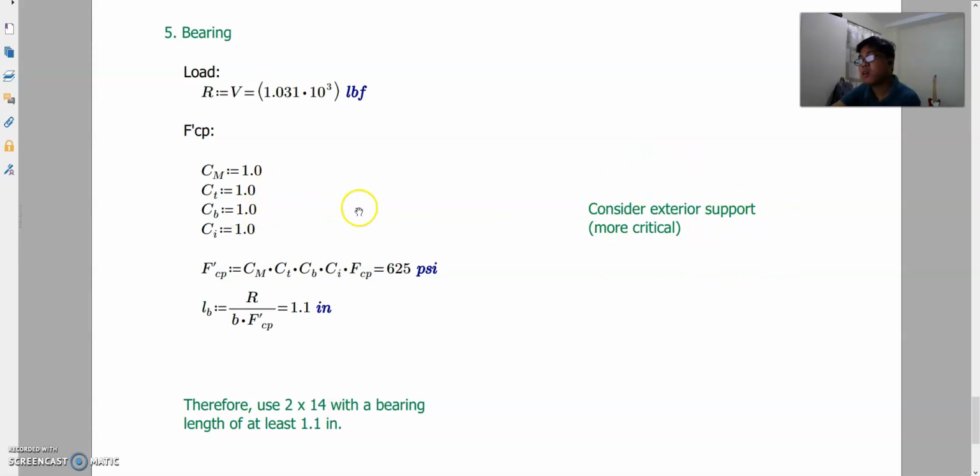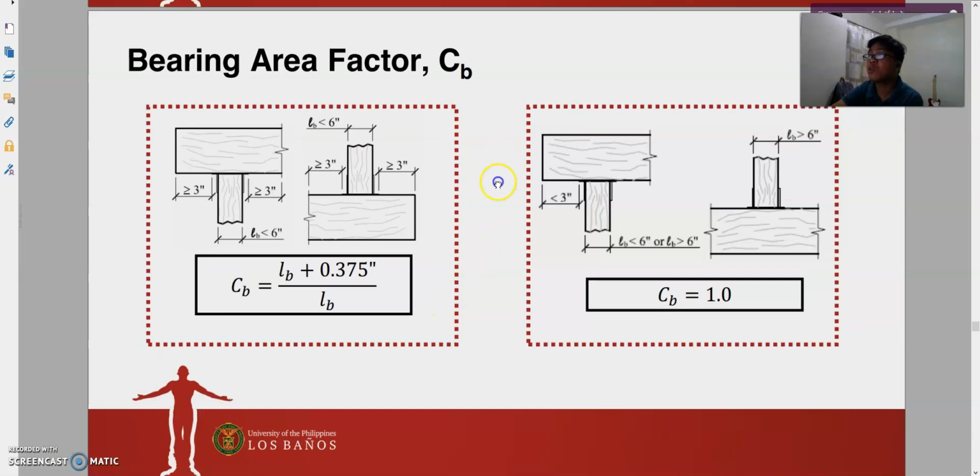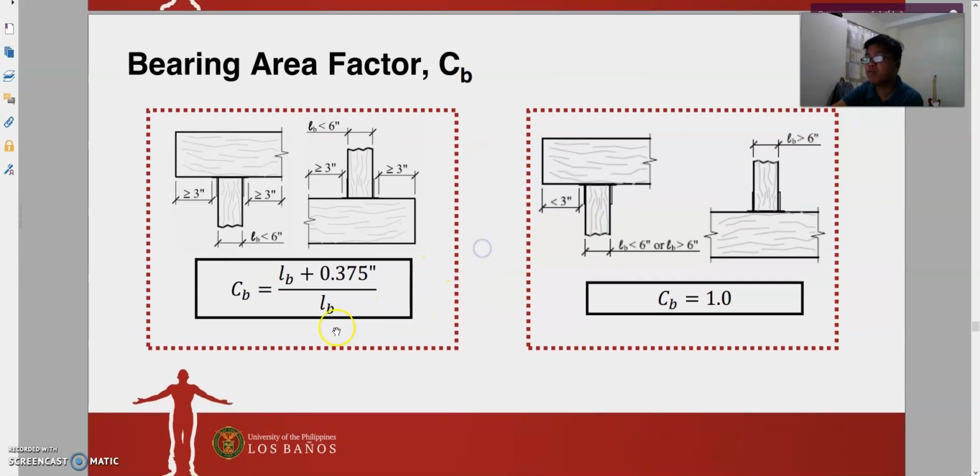If it was an interior support, CB has a value other than 1, right? But why didn't I consider the interior support? Well, as you can remember from our previous chapter, CB is equal to (LB plus 0.375) over LB. And you can expect that CB is greater than 1, right?